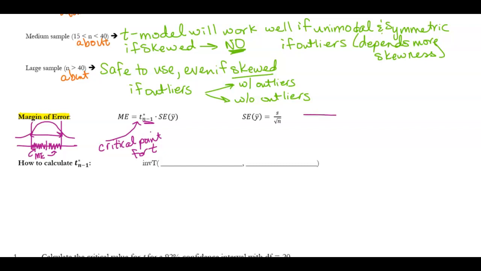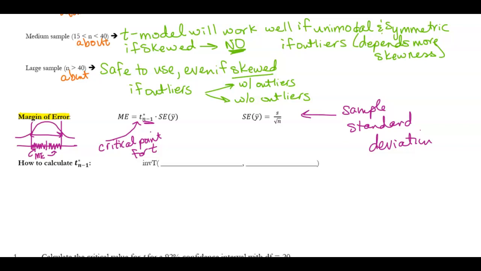This is just our sample standard deviation. Okay. Now, you've done confidence intervals before. The only difference between what we're doing now and what we've done before is that we have to use a critical t versus a critical z. But you find them the same way.